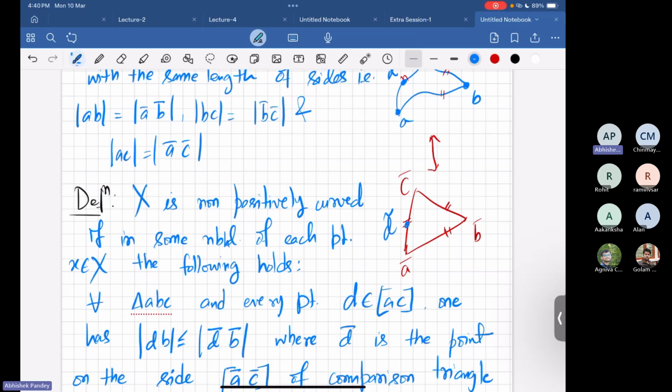So basically here we have a comparison map between these two triangles T and T bar, F from T to T bar, which sends A to A bar, B to B bar, and C to C bar.